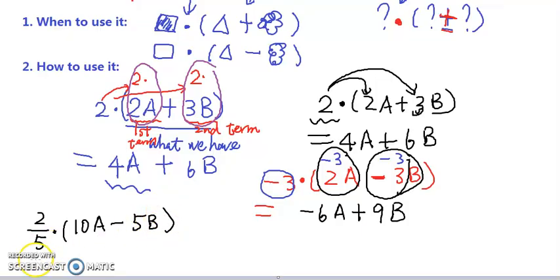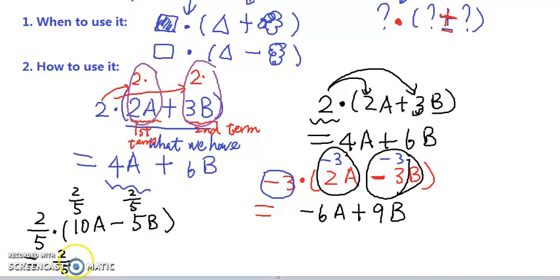So the number we want to distribute this time is a fraction, 2/5. In this case, we would want to write down clearly. So the number we're going to distribute is 2/5. You can still put 2/5 on top of it, but we're going to write down the next step.